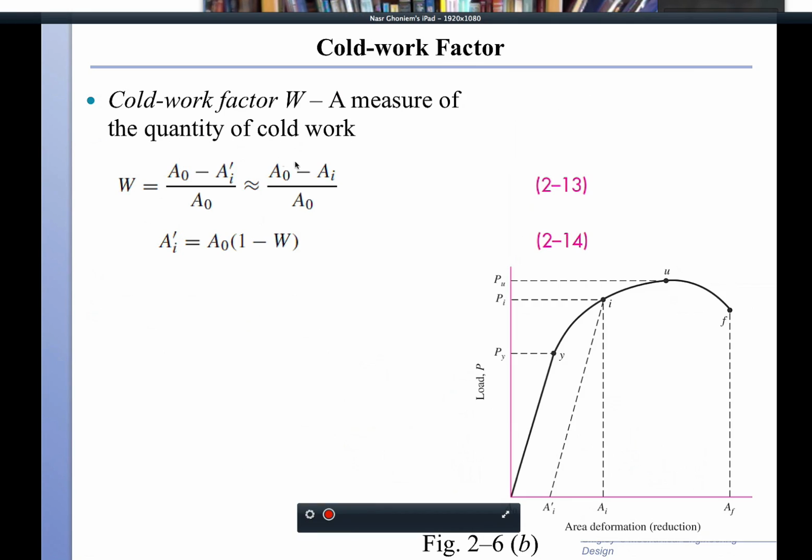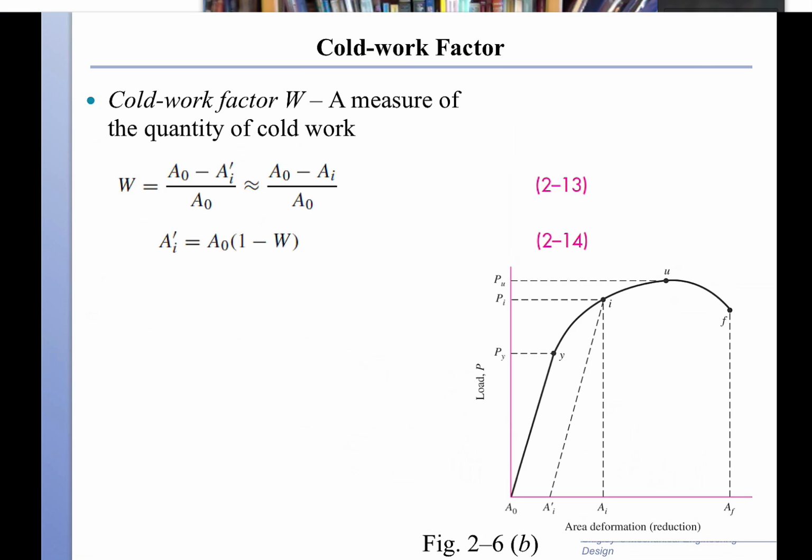So A0 minus AI, or AI prime, divided by A0 is a fraction, and this fraction we're going to call W, the work hardening factor. So the work hardening factor expresses the permanent set in the material, and therefore the permanent set cross-section is equal to the initial cross-section times 1 minus the work hardening factor, as you can see here.